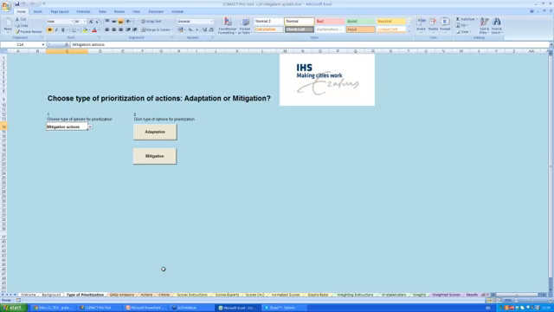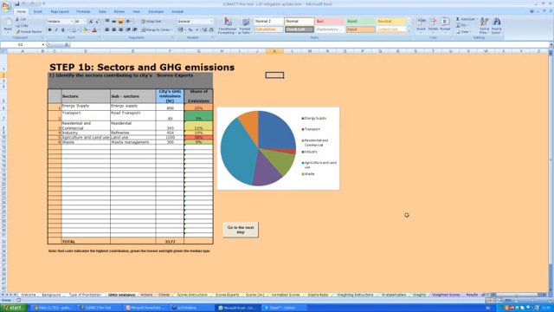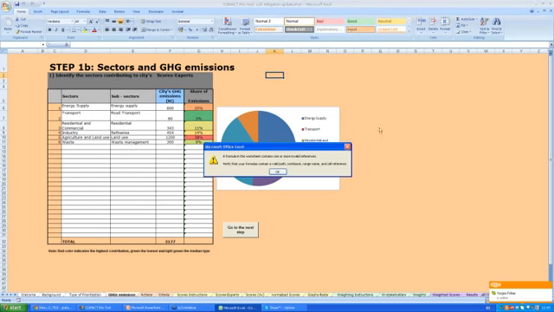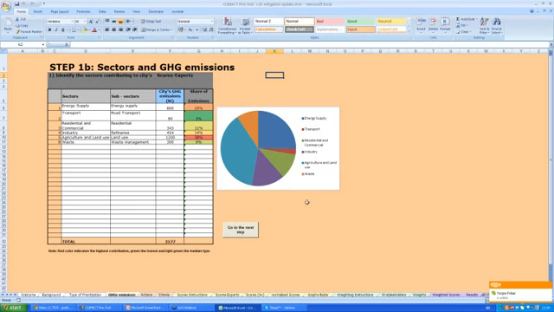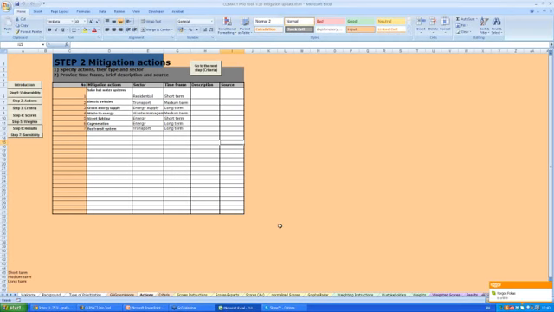What we do at this stage is plug in the information generated from the greenhouse gas emissions inventory, identifying the sectors that contribute most to greenhouse gas emissions. So we get the share of emissions, and obviously this will show and highlight where we have to think to reduce greenhouse gas emissions and which sectoral actions we can identify, which is the next step.